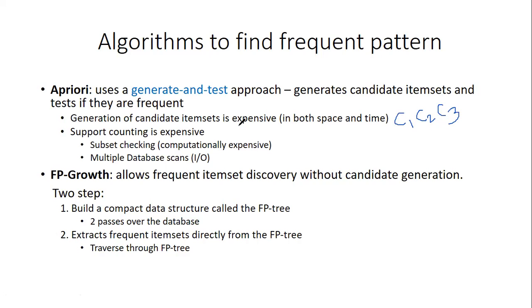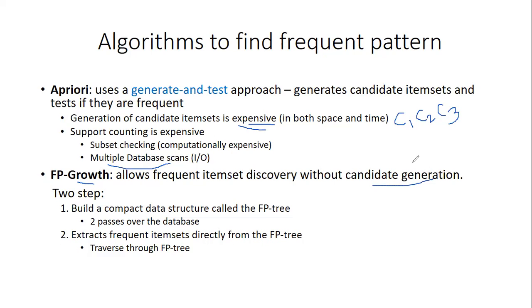This is a little bit expensive, and it results in multiple database scans. All this is overcome in another type of algorithm, the FP growth algorithm, which allows frequent item set discovery without candidate generation.